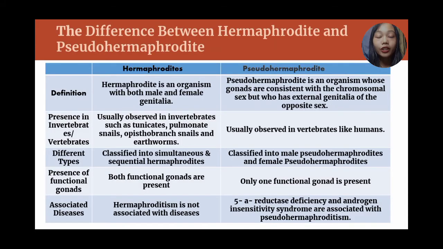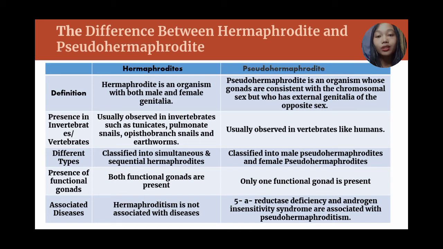The difference between hermaphrodites and pseudo-hermaphrodites. A hermaphrodite is an organism with both male and female genitalia. In contrast, a pseudo-hermaphrodite is an organism whose gonads are consistent with the chromosomal sex but who has external genitalia of the opposite sex.